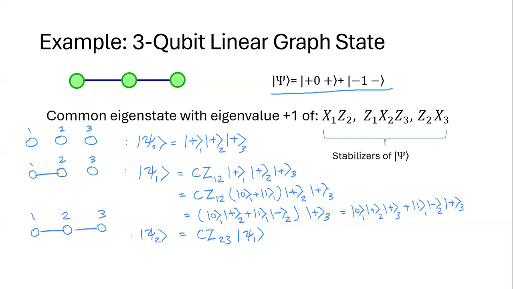So what that means is, first of all, the state of the first qubit doesn't change. And then what you have is a CZ gate between 2 and 3, where the second qubit is in the superposition state.